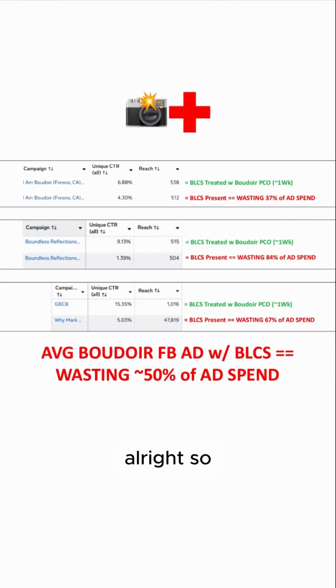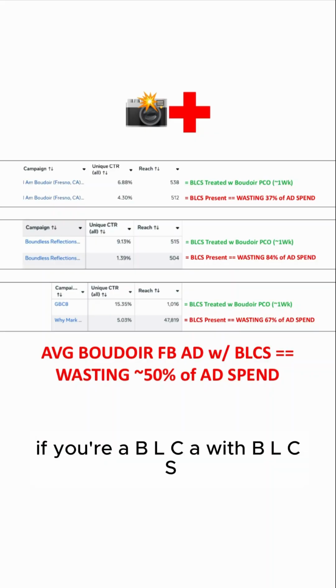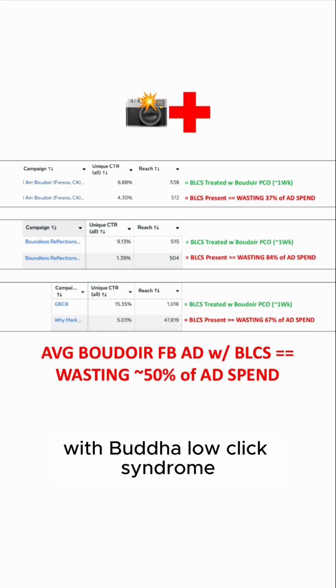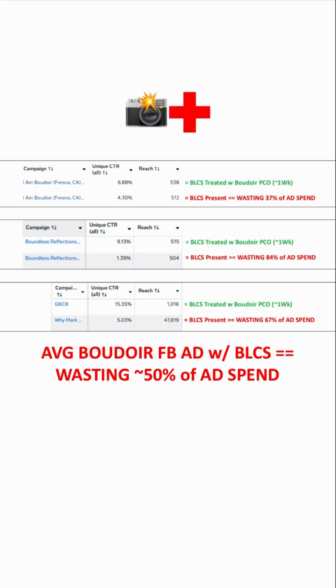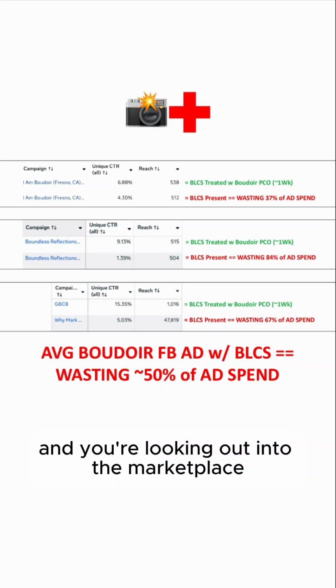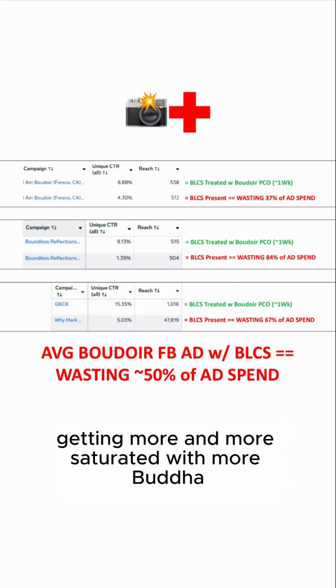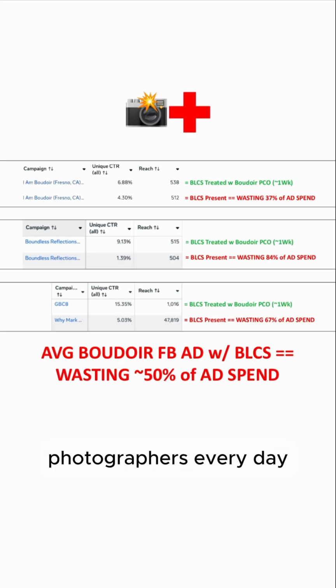All right, so if you're a BLCA with BLCS, if you're a Boudoir low-click advertiser with Boudoir low-click syndrome, the unique CTR of your Boudoir Facebook ads is under 6%, and you're spending more than 10 grand a month on Boudoir Facebook ads, and you're looking out into the marketplace, seeing again more and more saturated with more Boudoir photographers every day.